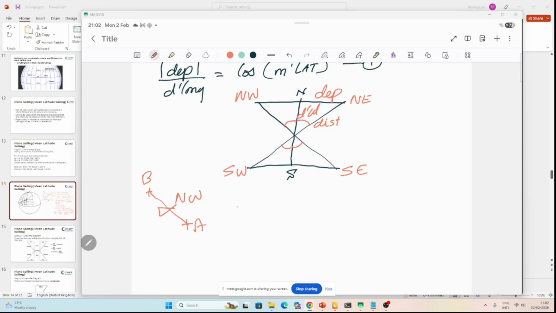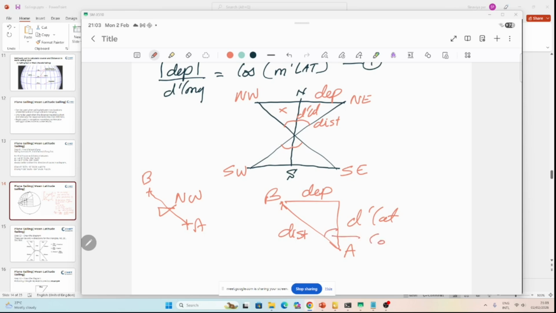Since you are moving towards northwest, the triangle that you are supposed to use is this one. So you take the triangle out and draw the triangle like this. This is A, this is B. So your departure is going to be this one, distance is going to be this one, this is going to be delat. Are we clear? And this is going to be the quadrantal course.